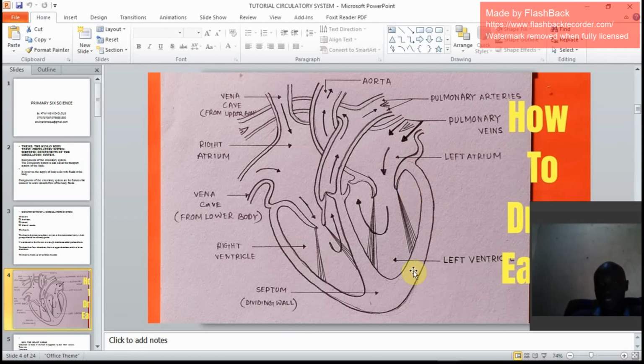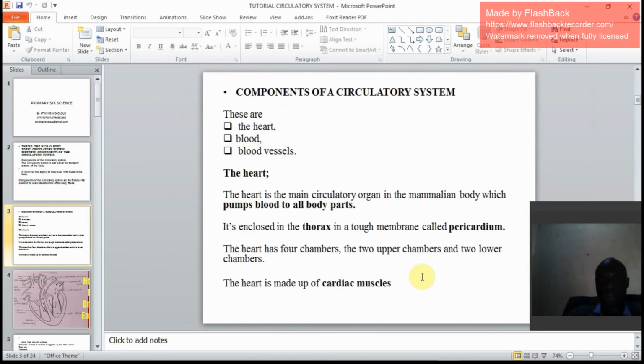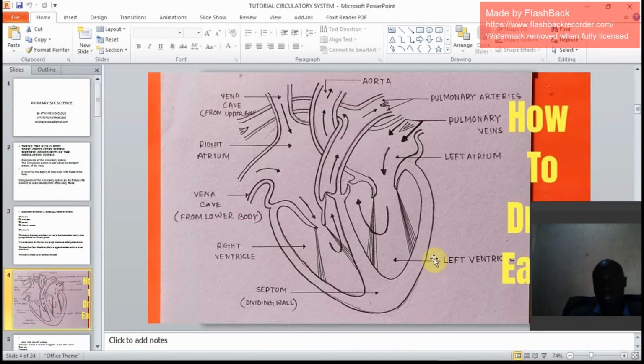When these valves close, pressure will be mounted here, and a great pressure this time. When you look at the structure, this left ventricle is thicker than this right ventricle, because it will be pushing oxygenated blood to all body parts. Now oxygenated blood has to get a way out.